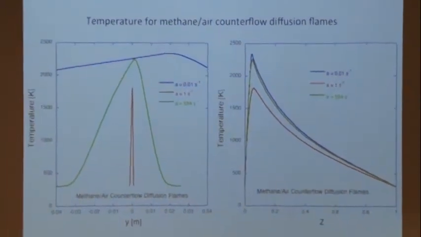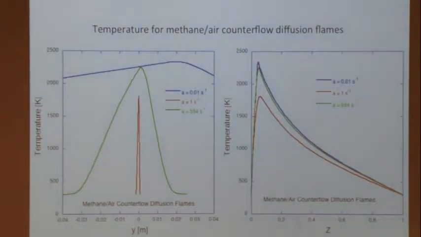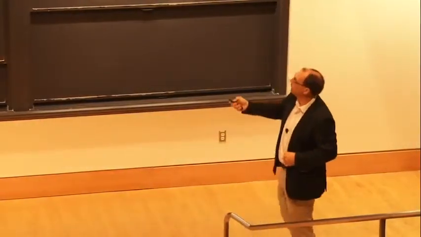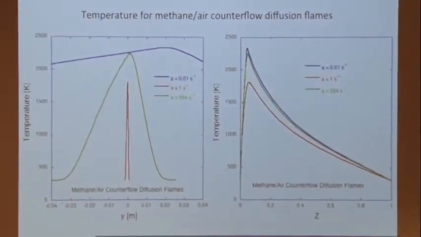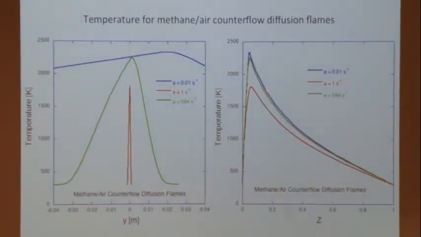Here, this is in physical space, and we said if you have a high strain rate, then you get very large gradients, and you have very strong heat losses and all of that. Now we wrote the equations in terms of mixture fraction, and you see here, in terms of mixture fraction.